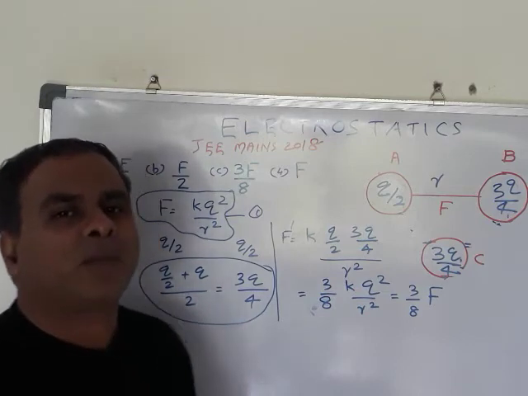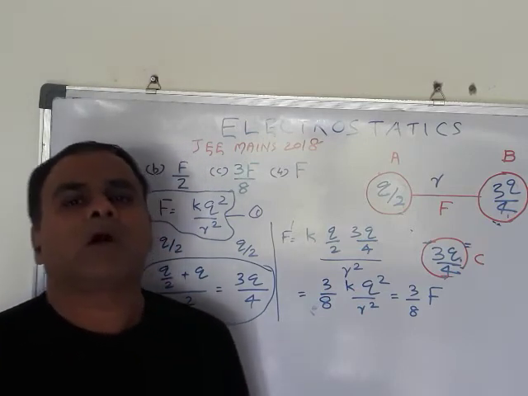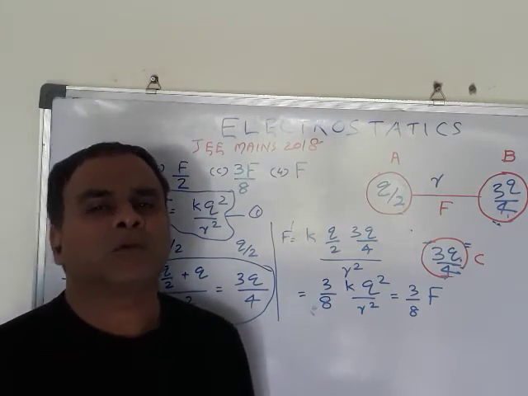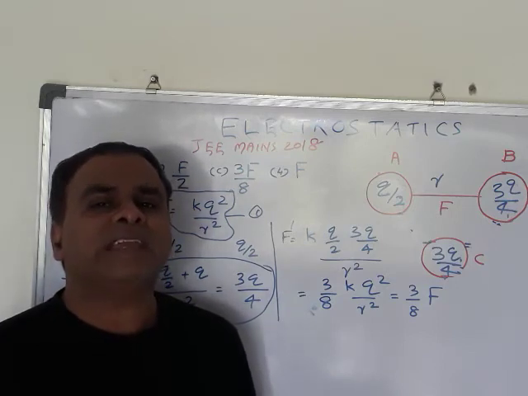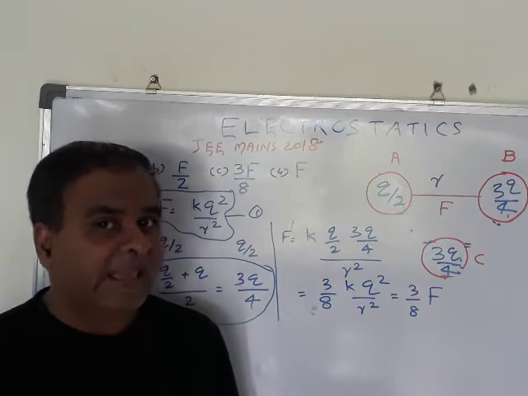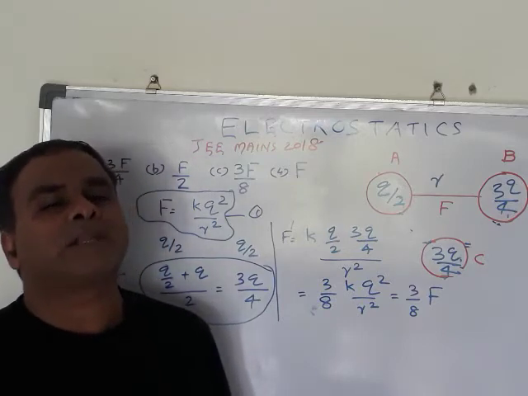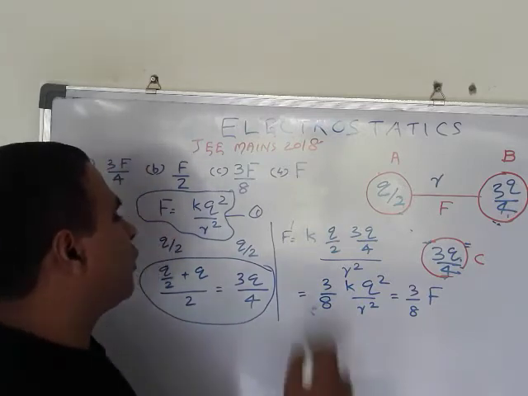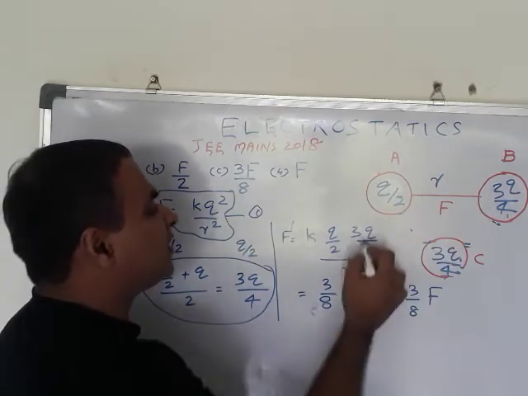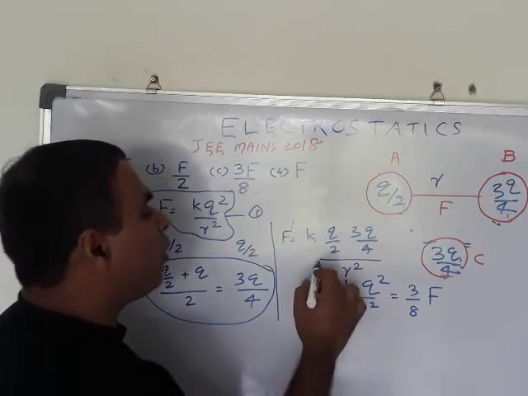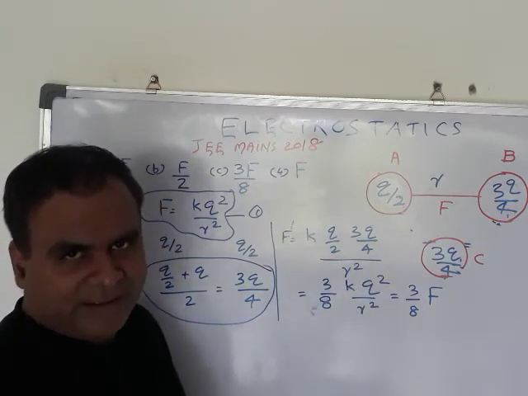We use the formula from Coulomb's law, 1 by 4 pi epsilon 0 q1 q2 by r square. 1 by 4 pi epsilon 0 we will take as k. So k q1 q2 by r square. So k into q1 is q by 2, q2 is 3q by 4, the whole divided by r square.